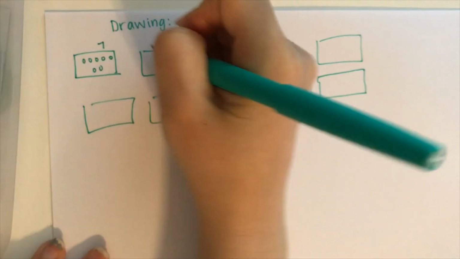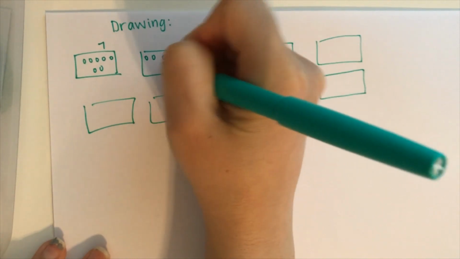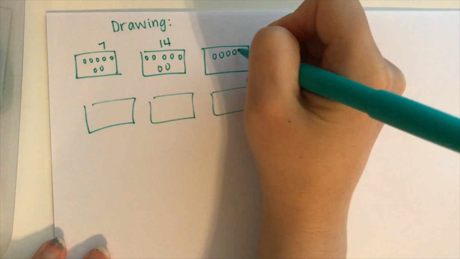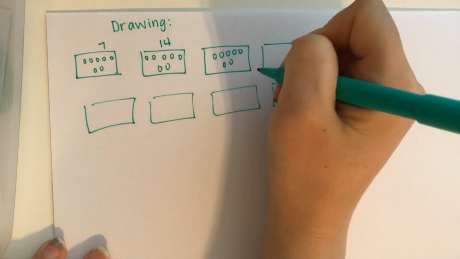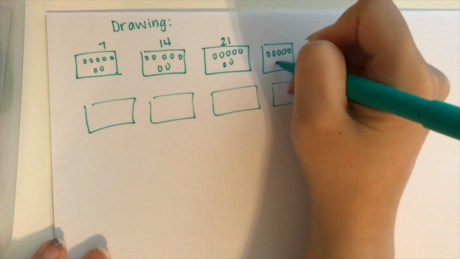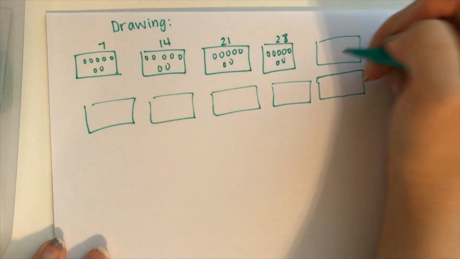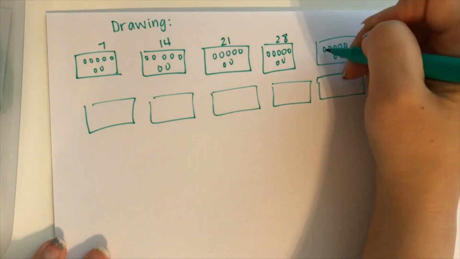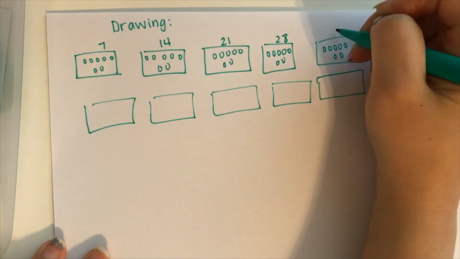So that's 7, 8, 9. That's 14. That is 21. 28. 28, 29, 30, 31, 32, 33, 34, 35.